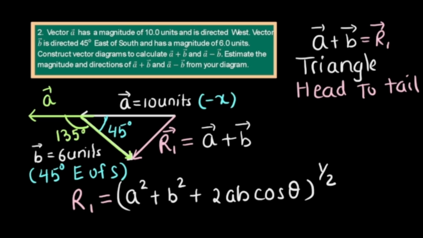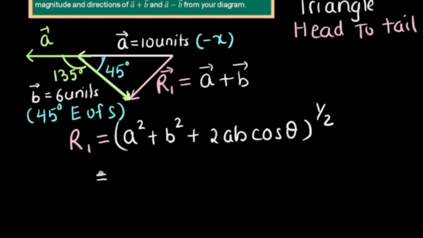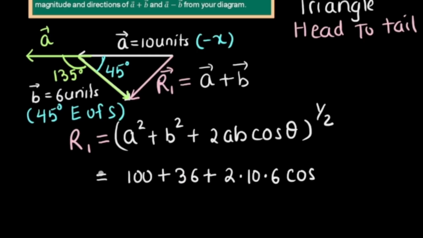Now we have all the information that we need to calculate the magnitude of R1. Let's go ahead and do that. A is 10. 10 squared is 100. B is 6. 6 squared is 36, plus 2 times A, which is 10, times B, which is 6, times cosine of 135 degrees.